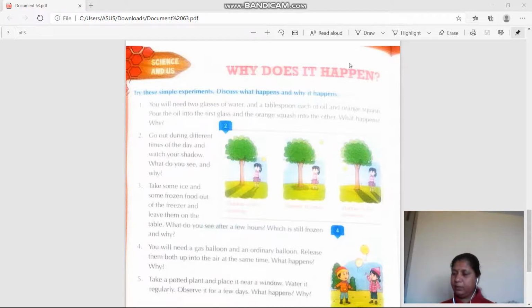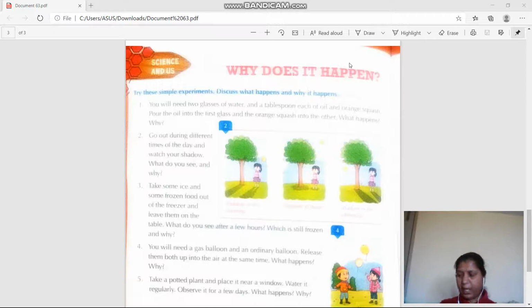The gas balloon floats higher than the air balloon. Why? Because the gas inside the balloon is helium. Do you know anything about helium?